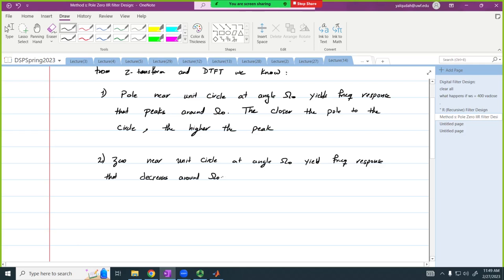And if we have a 0 on the unit circle, then the frequency response will be 0 at that frequency. Can we have a 0 on the unit circle?